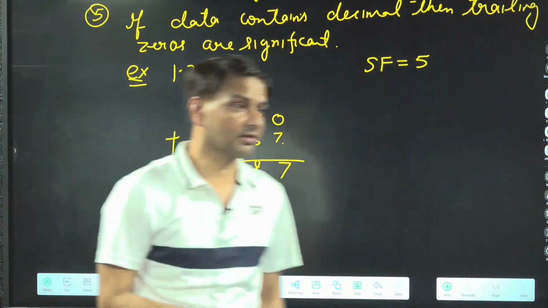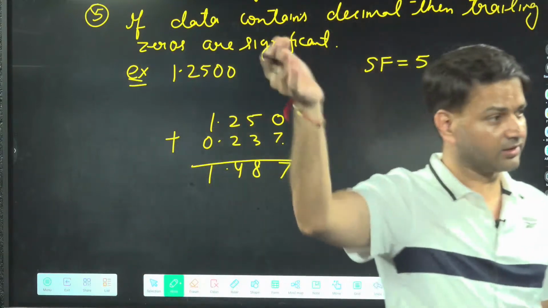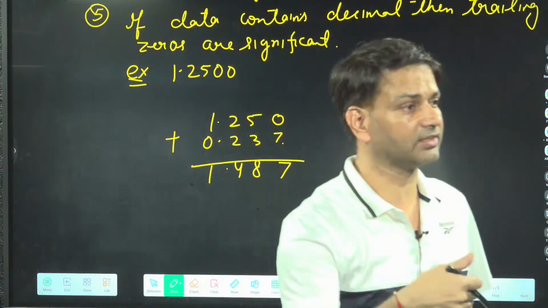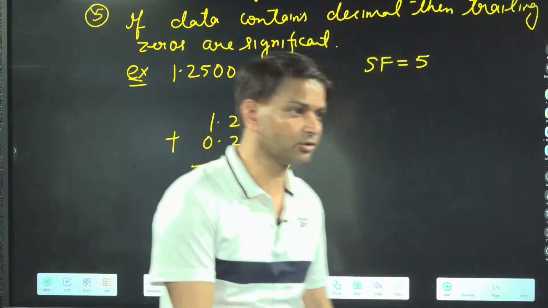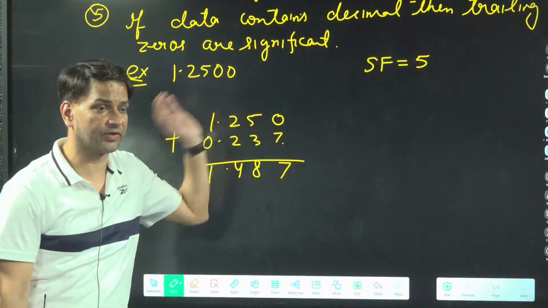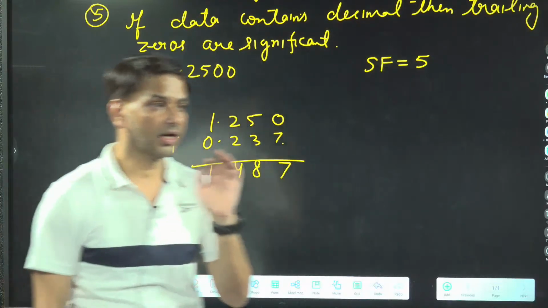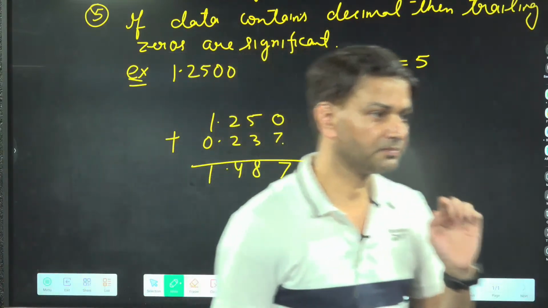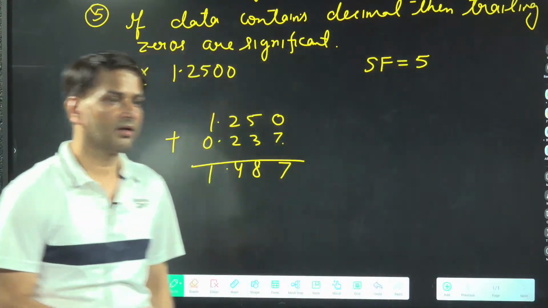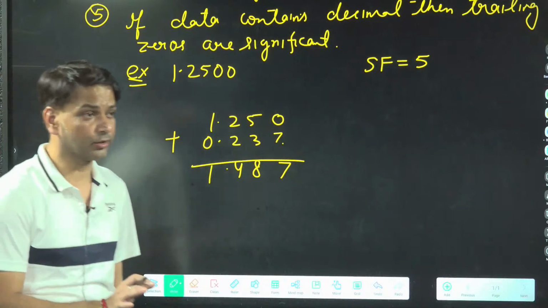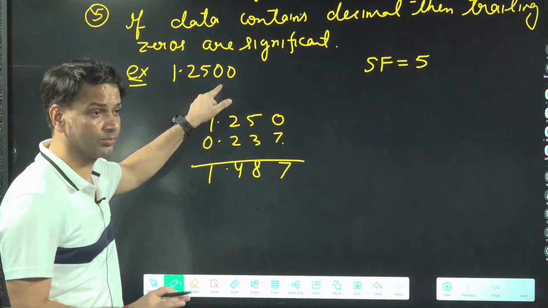But here, the zeros we take after the decimal are all significant. Why? Because any number of zeros can be put after the decimal. Everybody is getting my point or not? According to the rule, these zeros have to be significant.